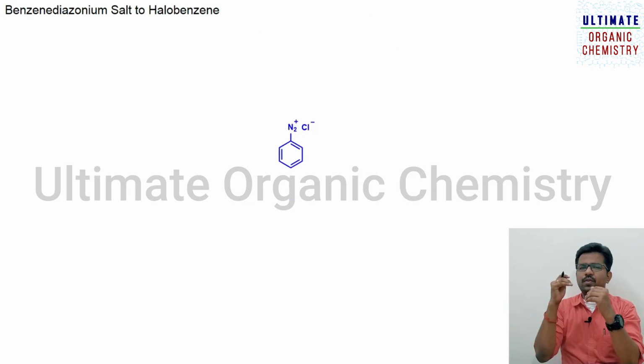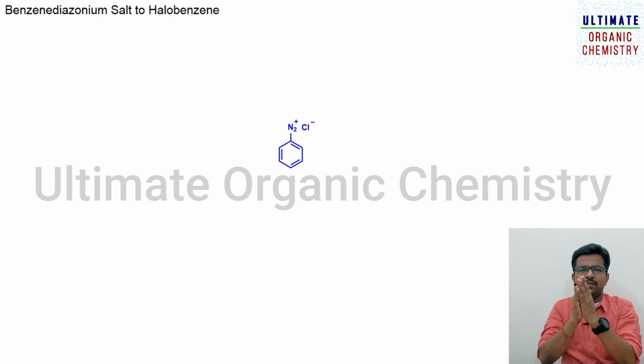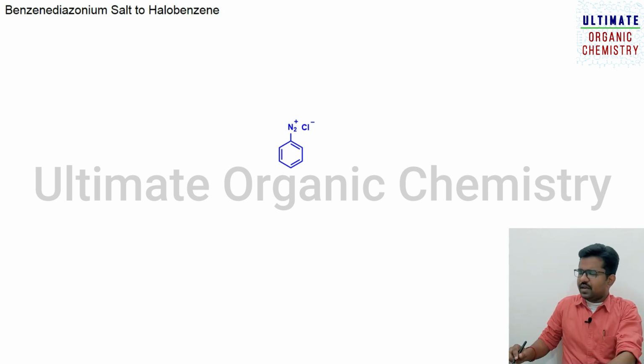There are plenty of reactions. First of all, you need to know one thing: whatever reagent is given, just check the anion part of the reagent. That anion part will be attacking this benzene ring. Let me give a brief idea.